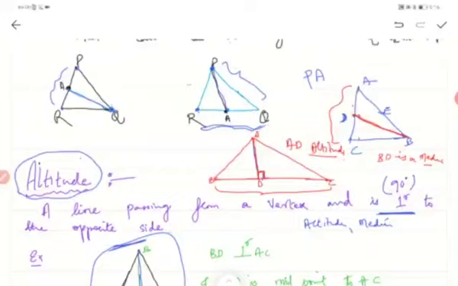If it is a line passing from any vertex of a triangle and coming perpendicular to the opposite side, then you call it an altitude. Let me stop here.